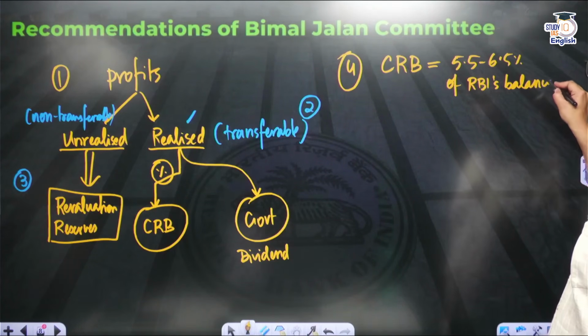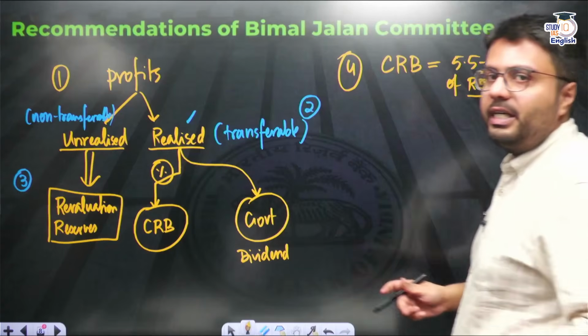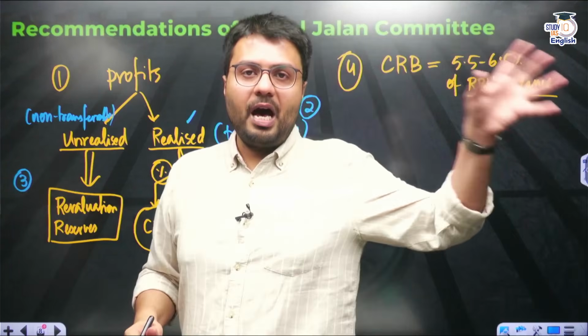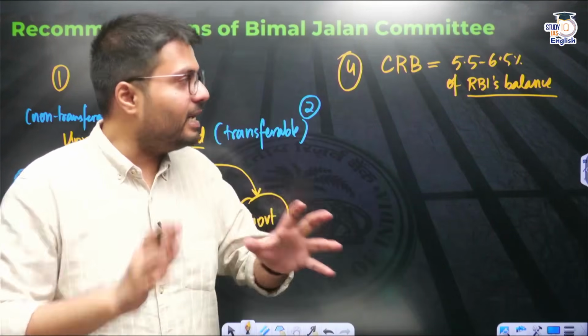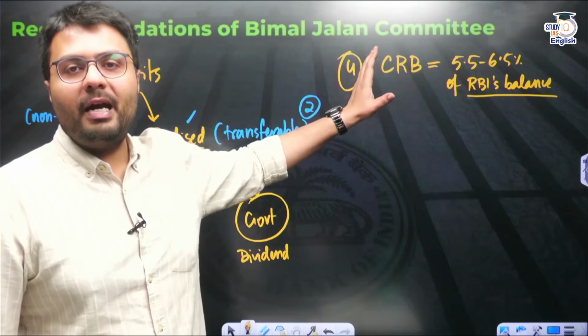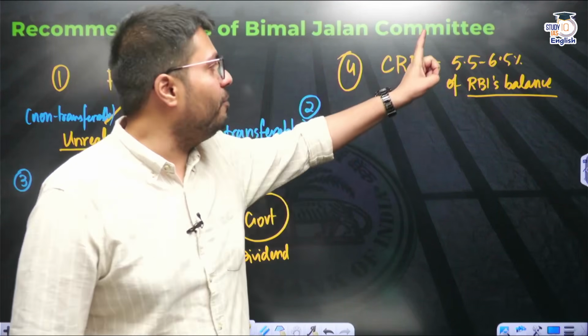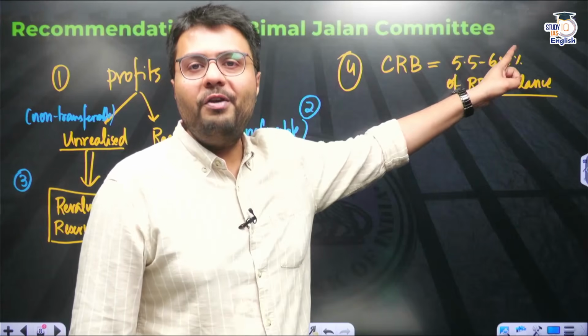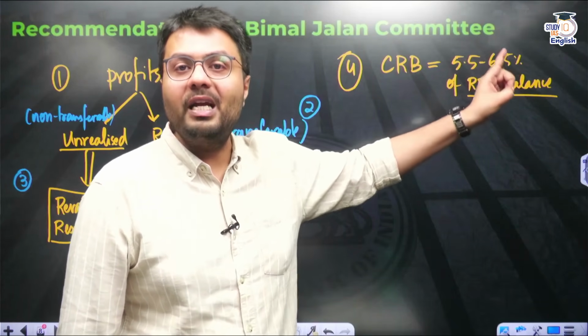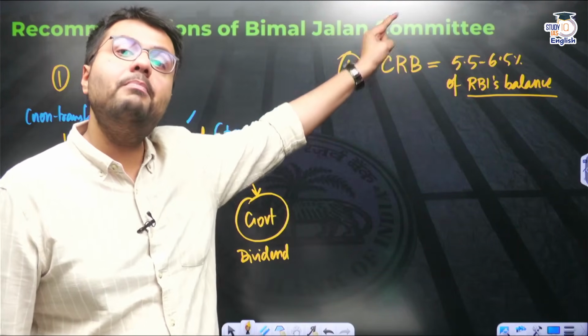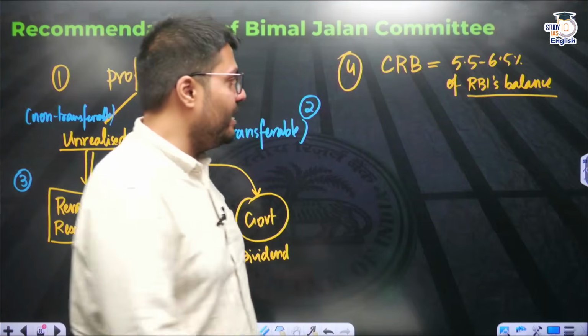What is RBI's balance sheet? Any organization's balance sheet is assets which are equal to its liability. So basically what the Bimal-Jalan committee recommended is that RBI should maintain its contingency risk buffer between 5.5 to 6.5% of its total assets. This was fixed by the Bimal-Jalan committee in 2018-19.